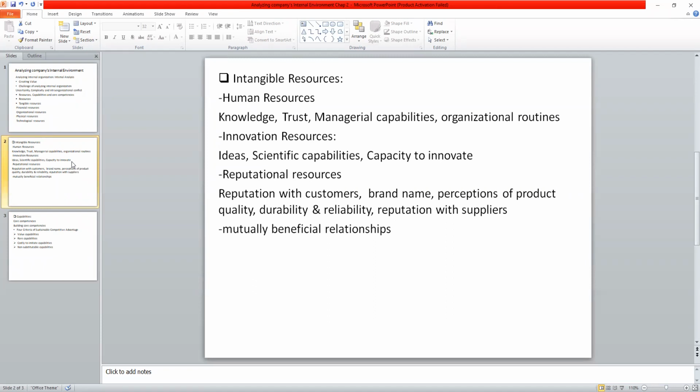Now, social complexity is the third reason that capabilities can be costly to copy or imitate. Social complexity means that at least some and frequently many of the firm's capabilities are the product of complex social phenomena: interpersonal relationships, trust, friendships among managers and between managers and employees, and a firm's reputation with suppliers and customers.